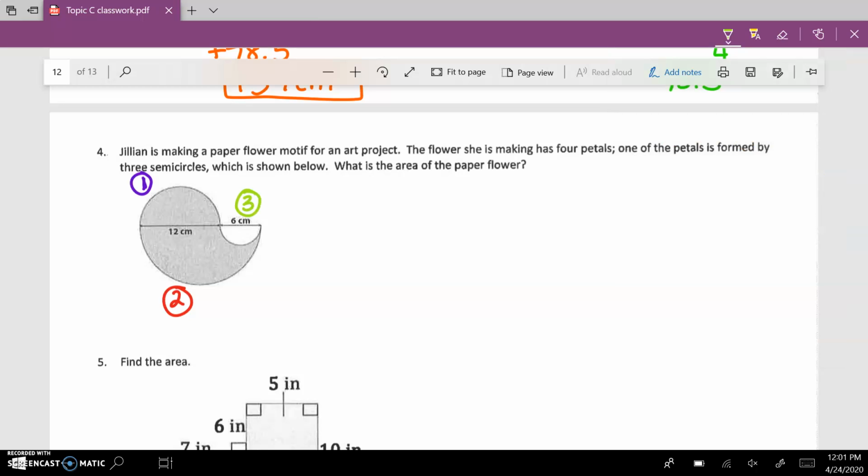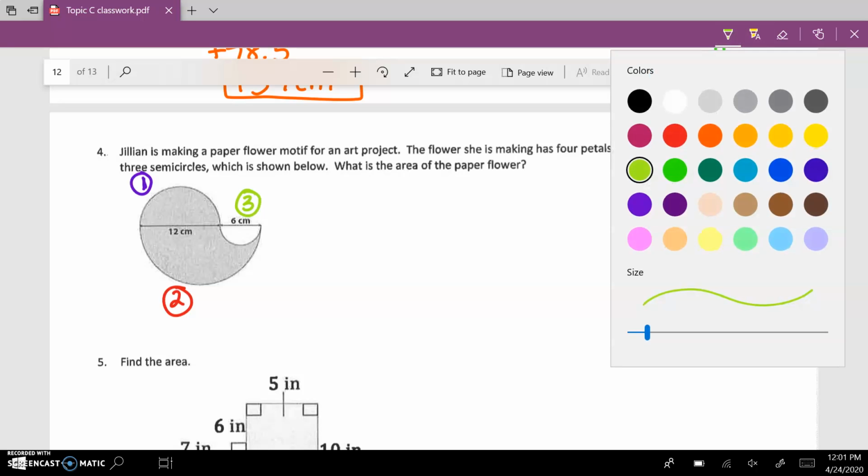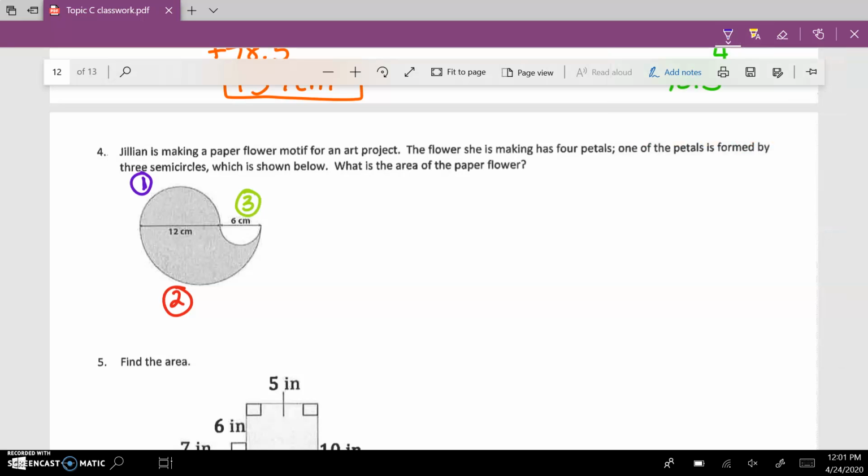So I'm going to start with number 1. They said these are all semicircles, which is important to note. So for number 1, it'd be A equals pi r squared divided by 2. It doesn't say what to use for pi. I'm going to use 3.14, usually a safe bet here. So 3.14 times my radius.